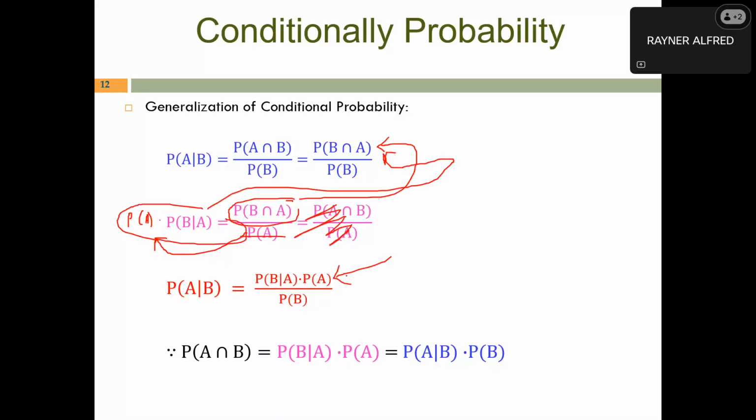Okay? So that means when we have the probability of A and B, basically that is equivalent to this, where we get this one from here, or the other way around, because we can swap these two together.